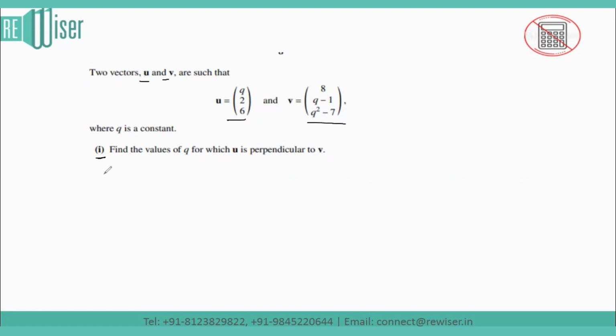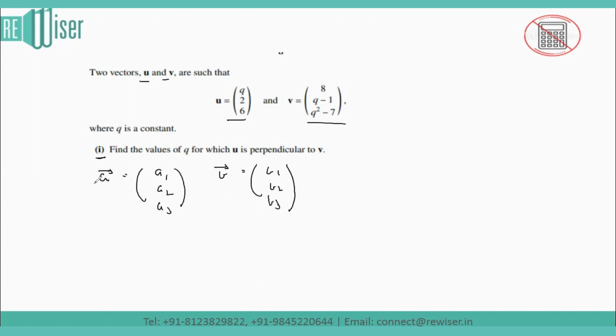Suppose I have a vector a whose components are a1, a2 and a3, a three-dimensional vector, and a vector b whose components are b1, b2 and b3.